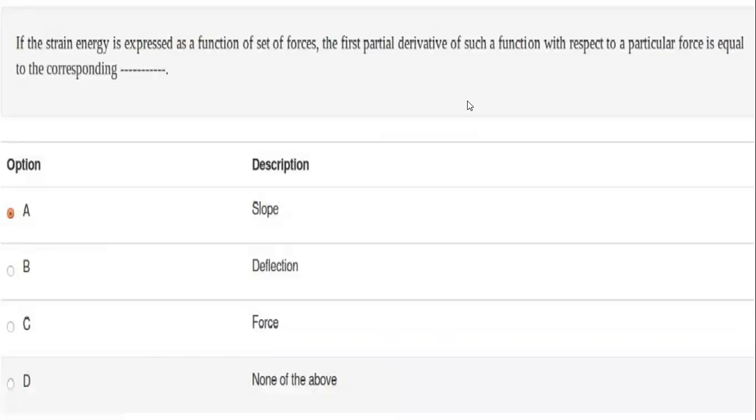If the strain energy is expressed as a function of a set of forces, so strain energy denoted by capital U is expressed as a function of a set of forces, we can say P1, P2, P3 and so on, then the first partial derivative of such a function with respect to a particular force is equal to, that is, ∂U by ∂P.